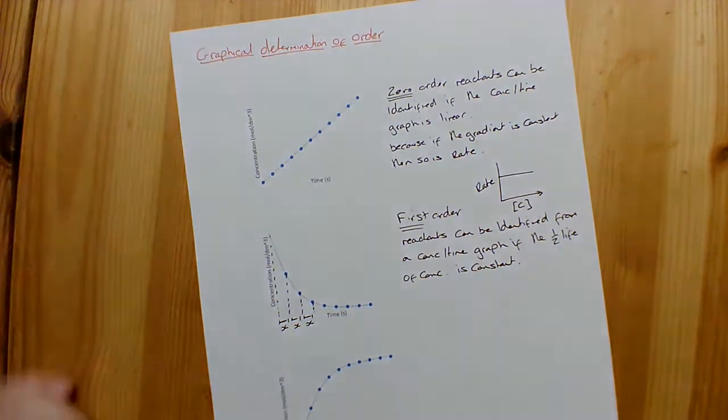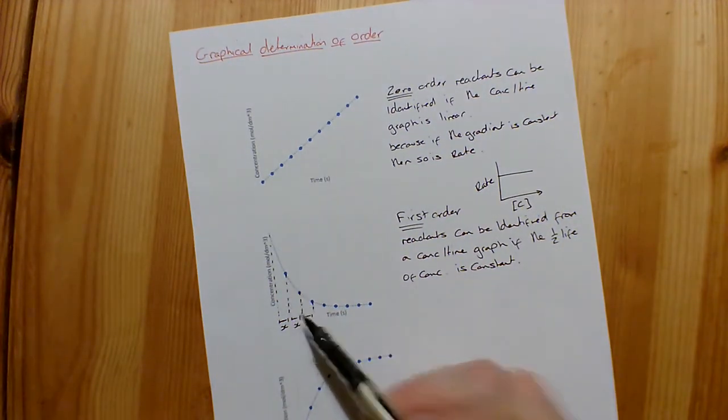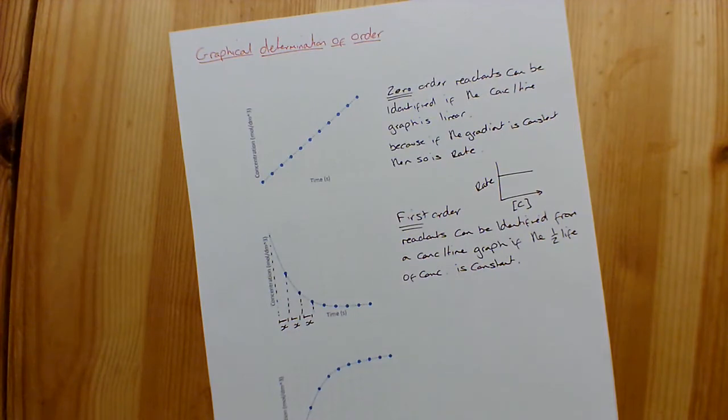Okay, so if you've got a constant half-life, so it takes the exact same amount of time for the concentration to halve each time, then that is evidence of it being a first order reactant.